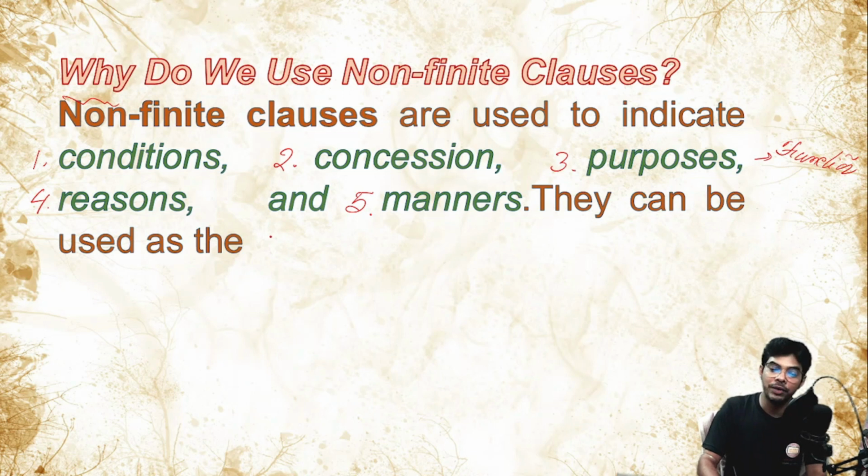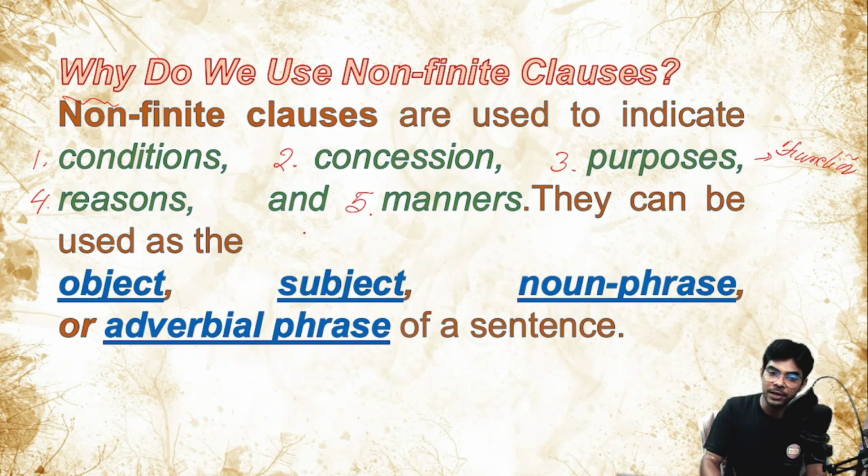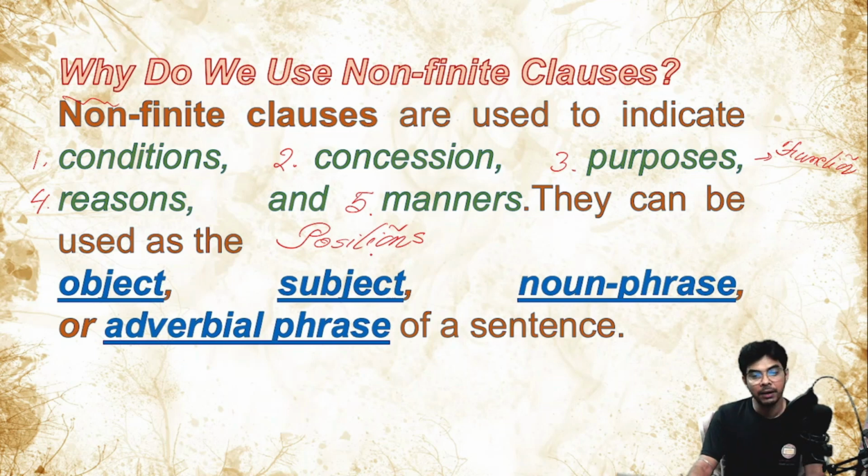Now also we have to consider the position where a non-finite clause may occur. So if we consider the position of non-finite clauses, we here get four different positions where a non-finite clause can be used in a sentence, and they are object.